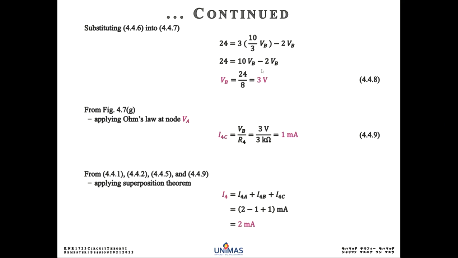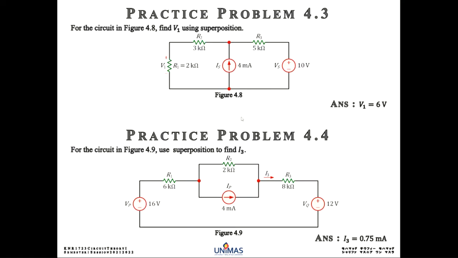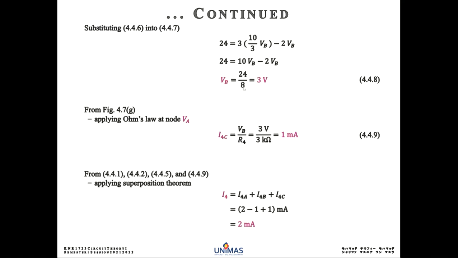So you can see that there is a small mistake here. It should be 24 is equal to 10 VB minus 2 VB, because we have already replaced VA with VB. So is it correct here? 24 is equal to 10 VB minus 2 VB, which is actually correct here. It's only down here that I wrote VA. Actually, it is VB is equal to 24 over 8.